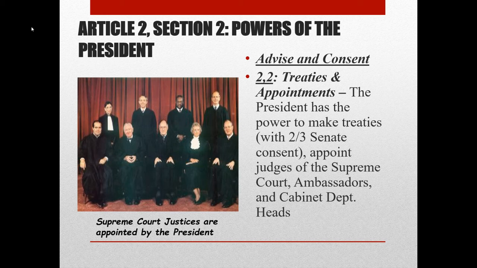We don't want to see presidents that just are going to appoint their friends or people that might not have the best knowledge or ideas for that office. So therefore, it's another example of checks and balances the president shares with just the Senate. Again, it's not the House of Representatives, it's just the Senate, the upper house, that gives advice and consent.